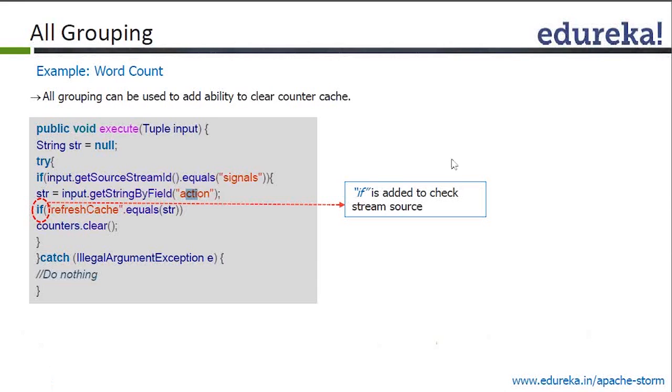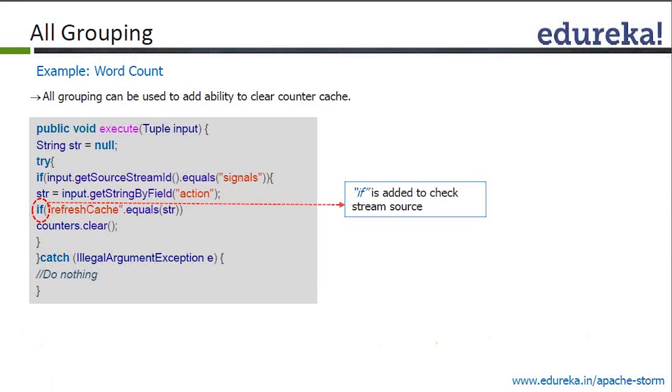Second, the source code which we have shared with you just tells you how to use it. You would be doing all grouping and more, but in case you want to use it, this is how. You first identify from which source you are getting the data, and based on the value coming in, you may or may not decide to perform a task.